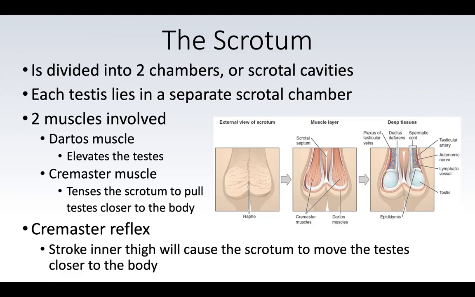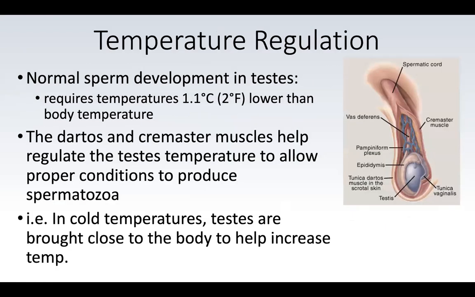The cremaster muscle is right here surrounding the testes. It's not part of the scrotal sac. It is closer to the testes. It will tense the scrotum to help pull the testes closer to the body. In the cremaster reflex, when the inner thigh is stroked, it will cause the scrotum almost immediately to move the testes closer to the body.